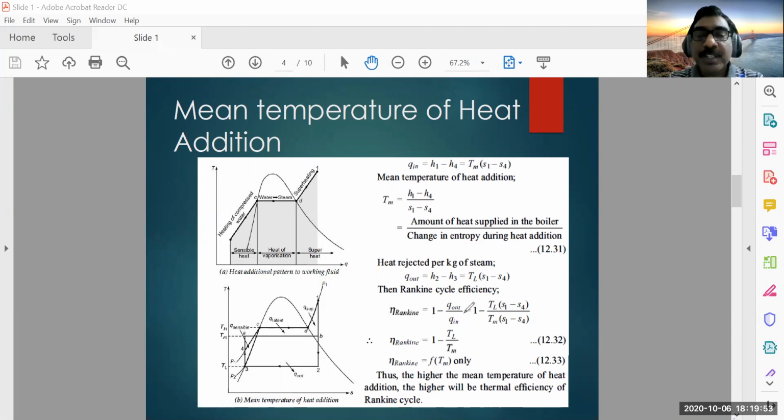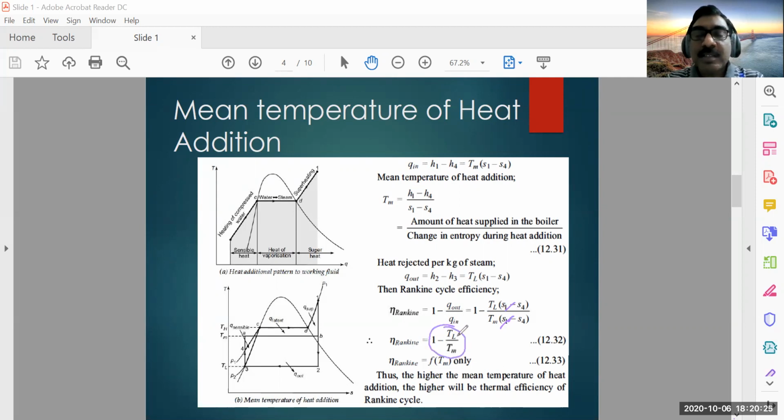If you substitute these expressions in this equation, 1 minus Q out, which is TL into S1 minus S4, divided by Q in, which is Tm into S1 minus S4, these two terms, S1 minus S4 and S1 minus S4, will get cancelled. Finally, you will be left with the equation: Rankine cycle efficiency is equal to 1 minus TL by Tm.